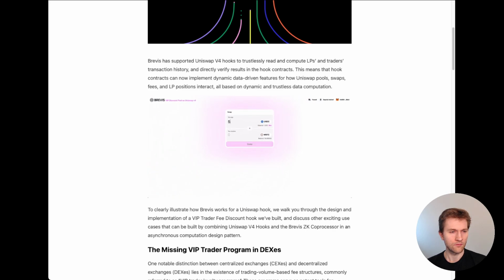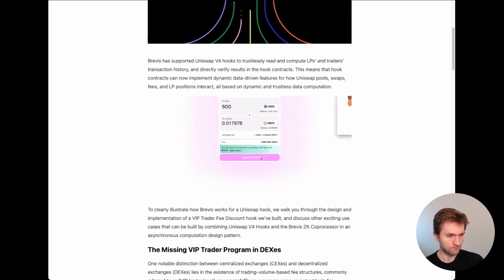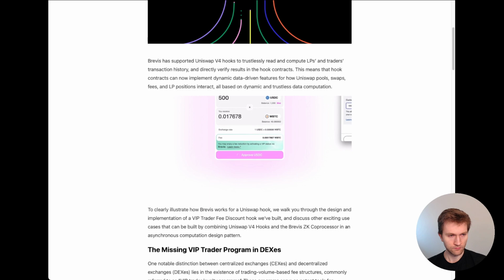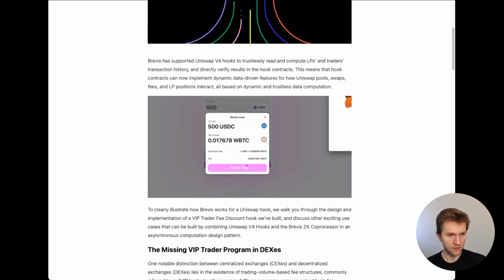Enter the amount of USDC you want to trade and approve USDC. If you haven't traded between these two tokens in the past 30 days, you will see a note saying, "You may enjoy a fee reduction by activating a VIP status via Brevis." Complete a trade to activate your VIP status.